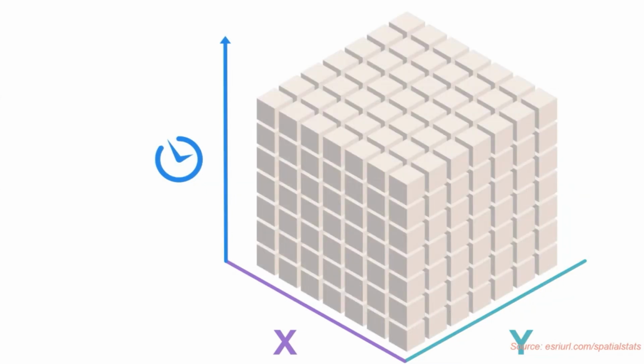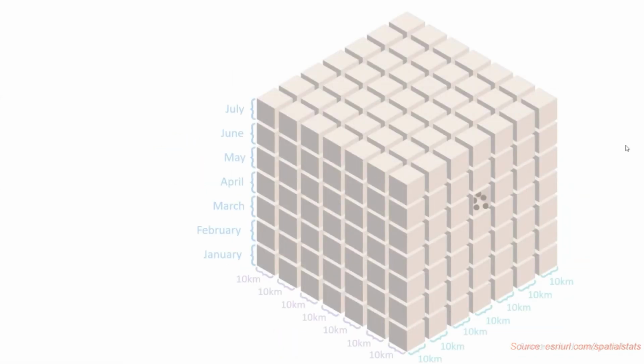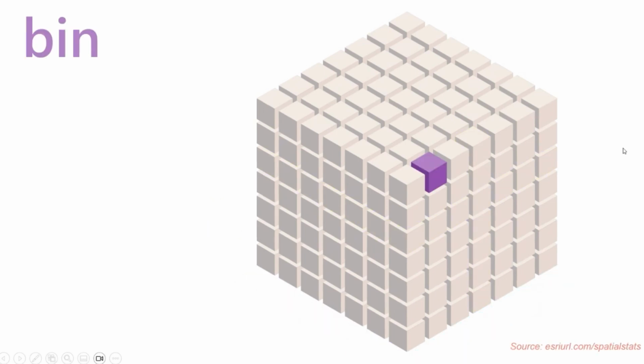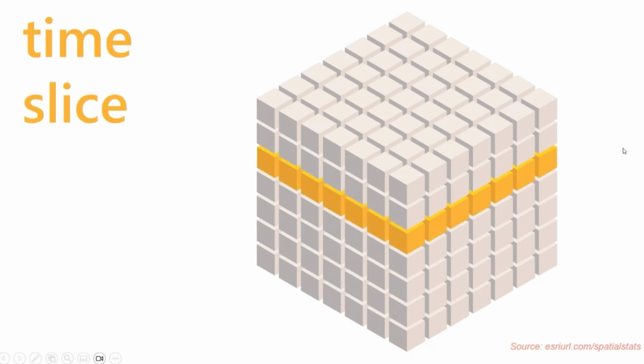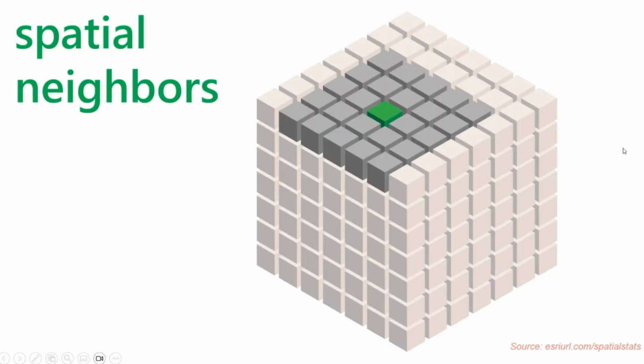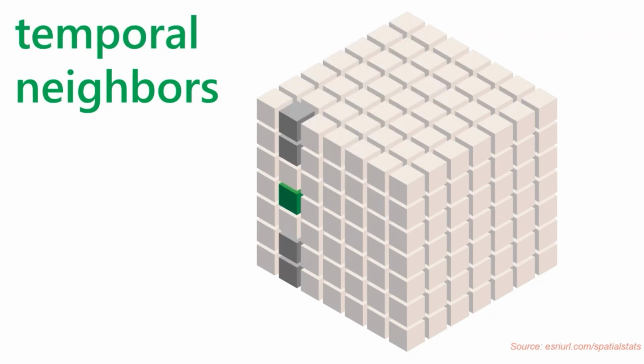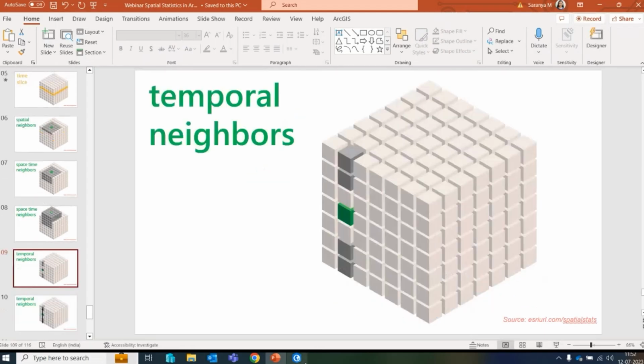Just like how we saw neighborhoods in our previous analysis, here also we will have multiple neighbors. Each of these is a bin location, each of these is a time slice, and using this, I can have spatial neighbors, space-time neighbors, and also temporal neighbors. You will understand it better in the demonstration.